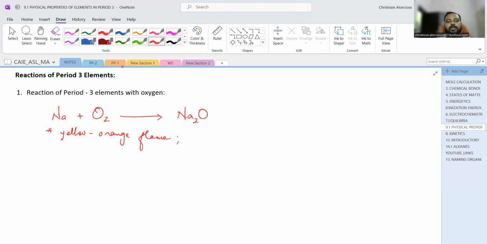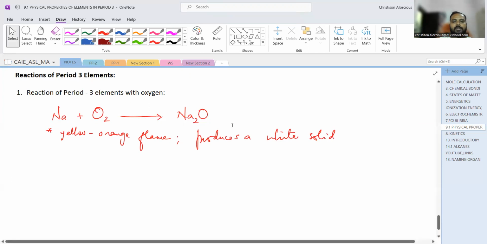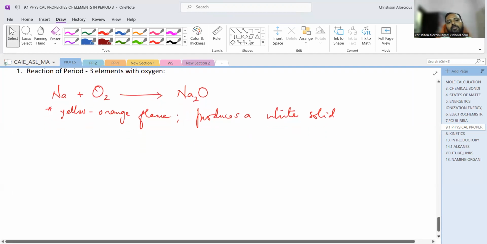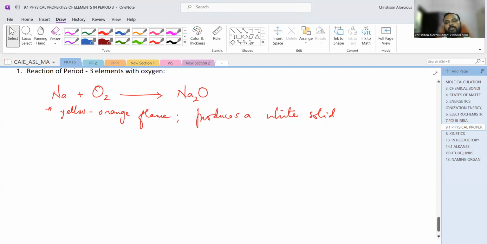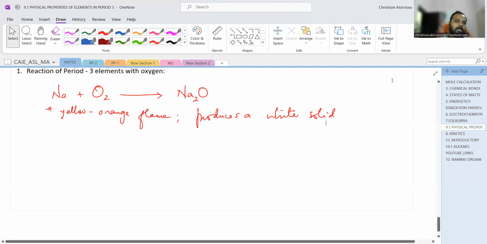The sodium oxide produced is a white solid. You will be tested on the observation, so that is what you need to remember. Actually, when you heat sodium in oxygen, you will also get a little bit of sodium peroxide, Na2O2, formed. But your syllabus limits us to sodium oxide.